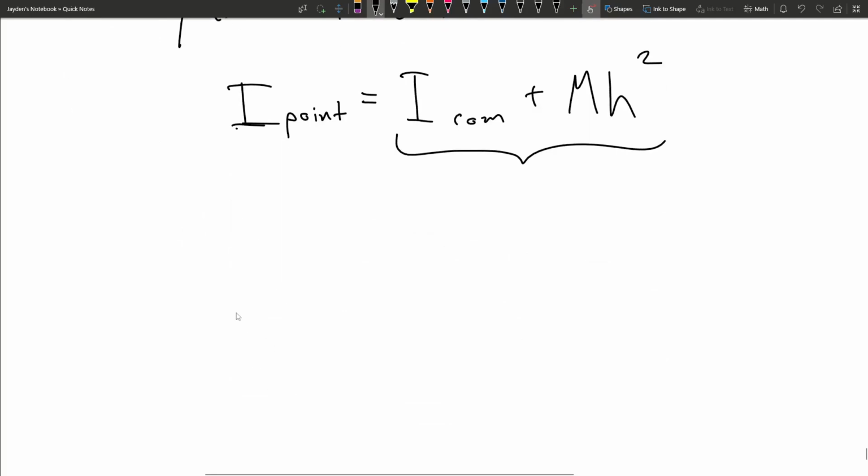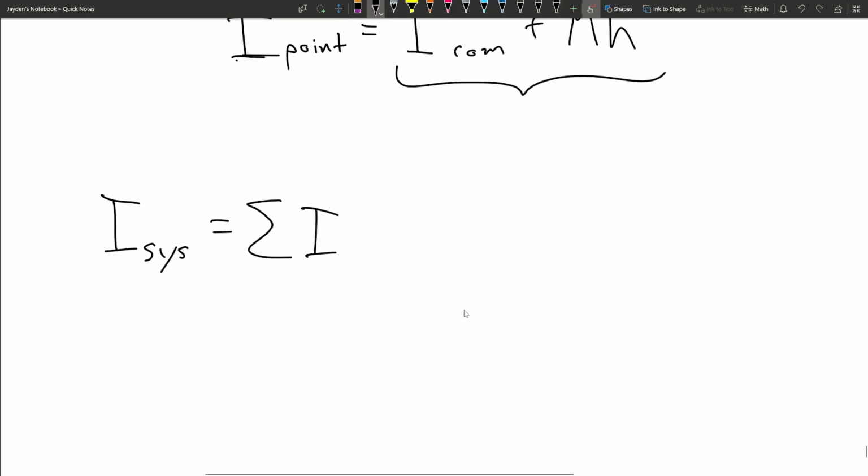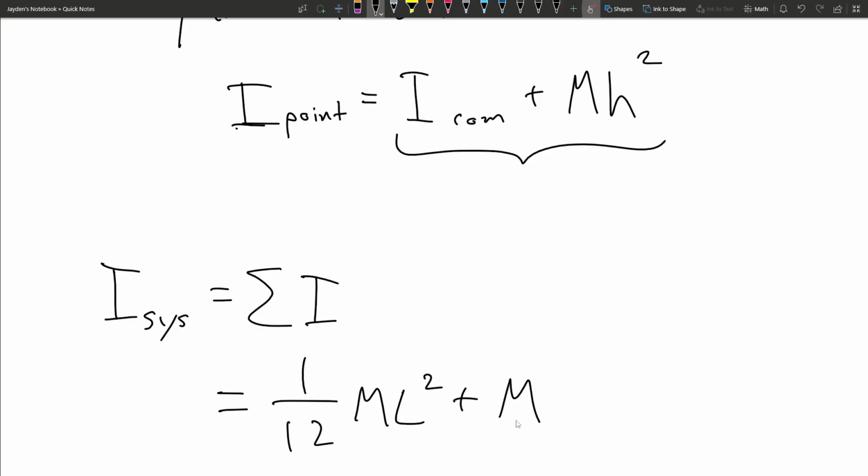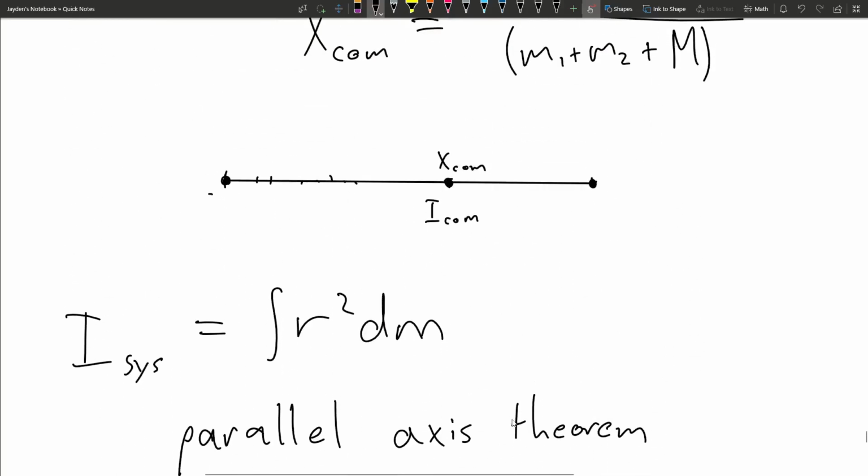So that would look like I of this system is equal to the sum of all the I's, which is equal to the I center of mass of the rod, which is 1/12 M L squared. You should have derived this in class. Plus M times the distance from the x center of mass.